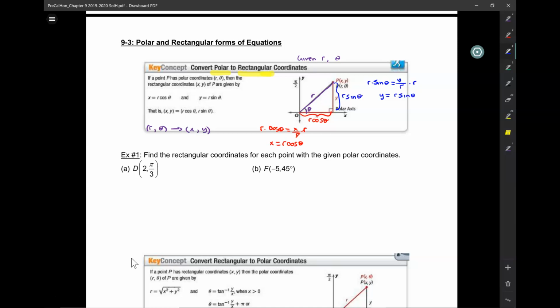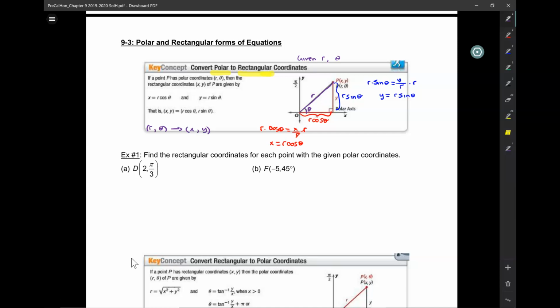And that pretty much, r cosine theta and r sine theta, which we've seen before again and again and again, is literally the key to this entire section. That's the bridge with which we can go from one universe of the rectangular coordinates to the other universe of the polar coordinates.